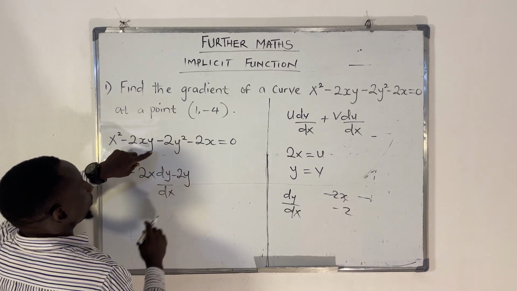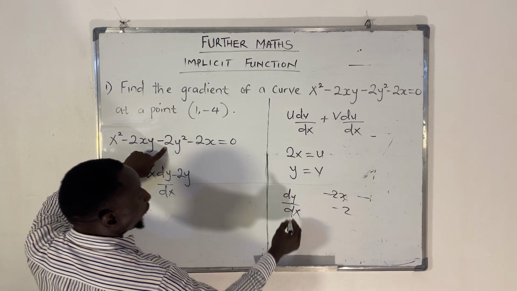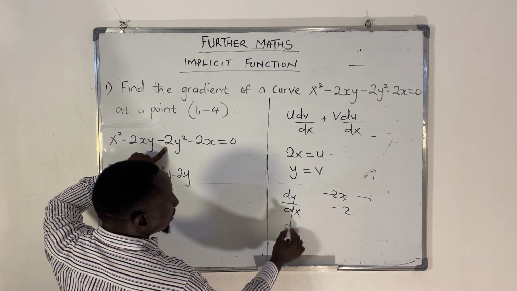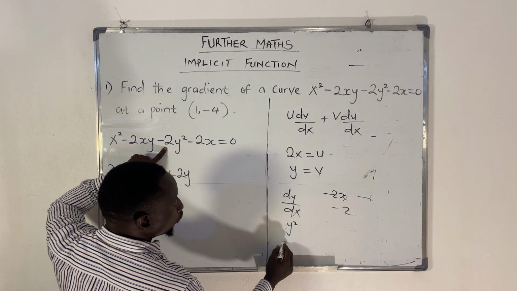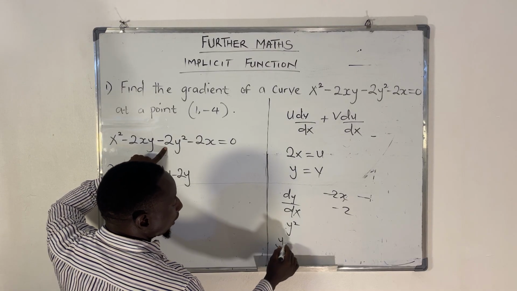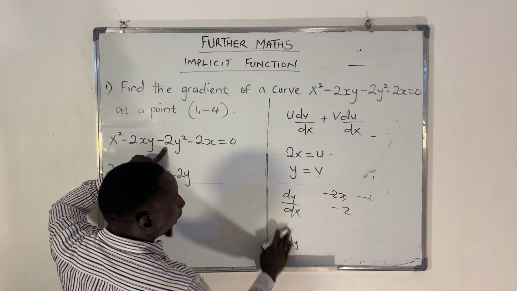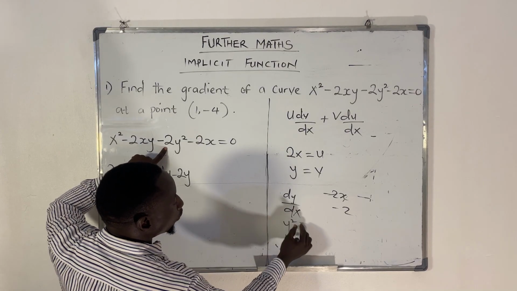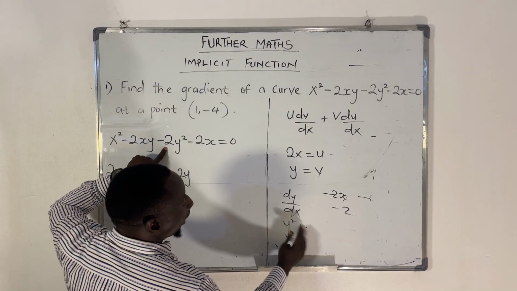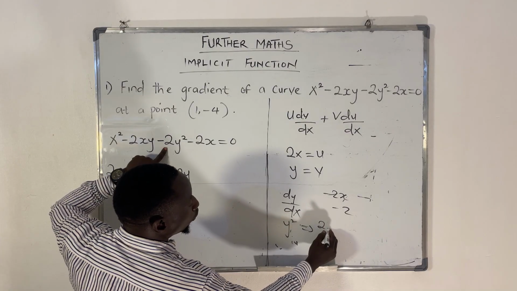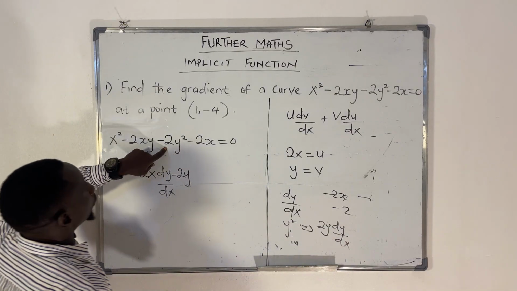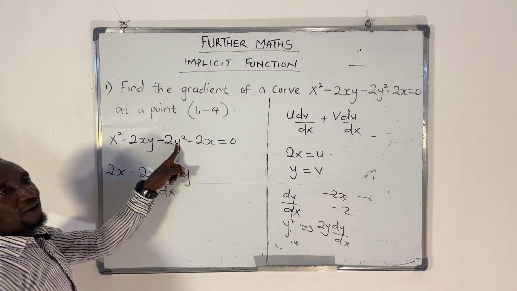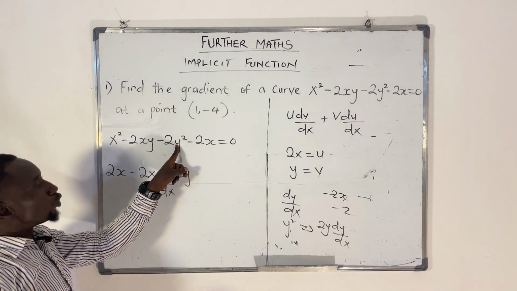We come to this term. If you have y squared and you differentiate it, you end up having 2y dy/dx. Here we just have a single function, which is y, so we just differentiate.